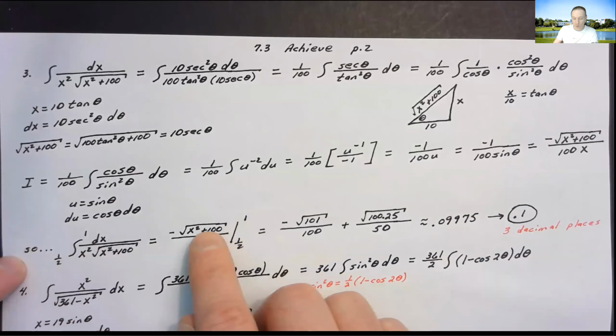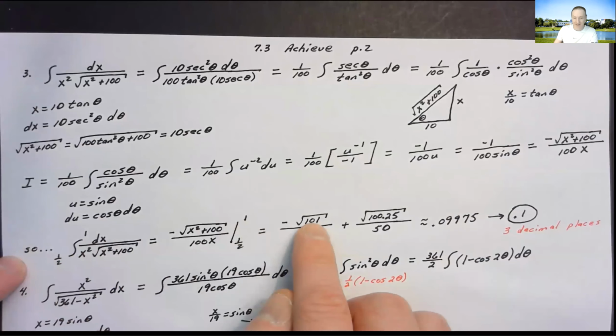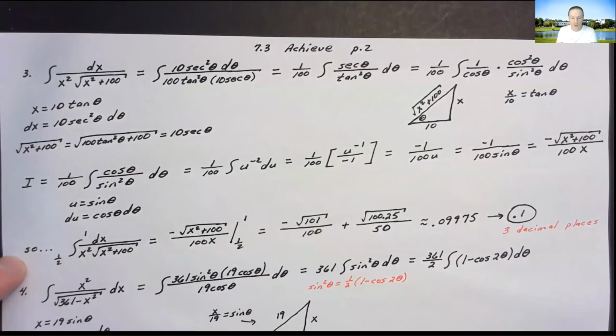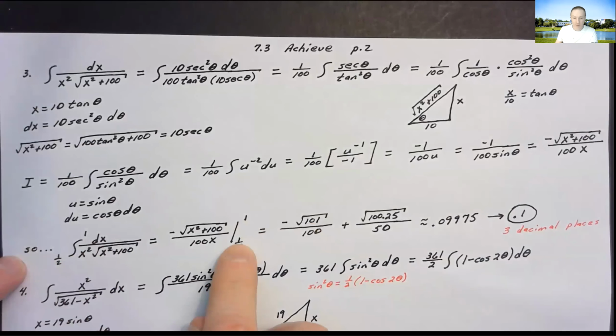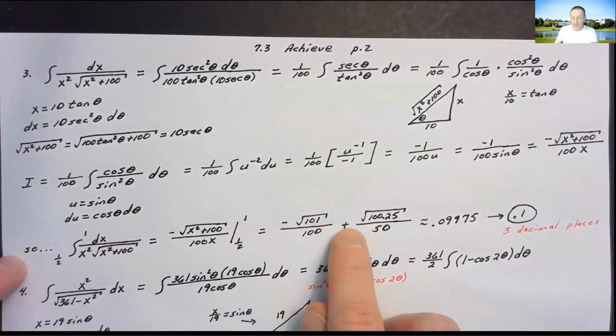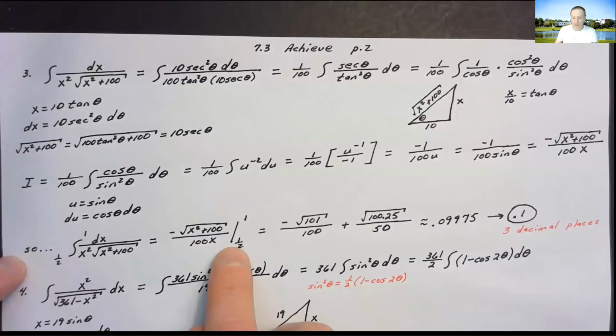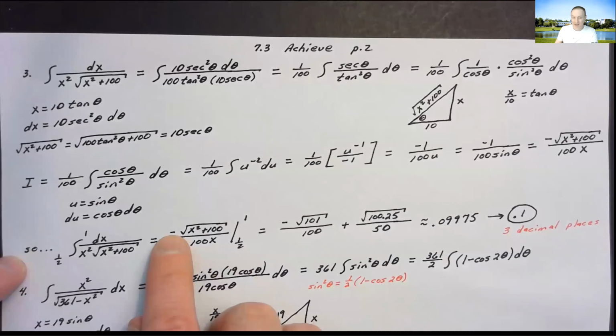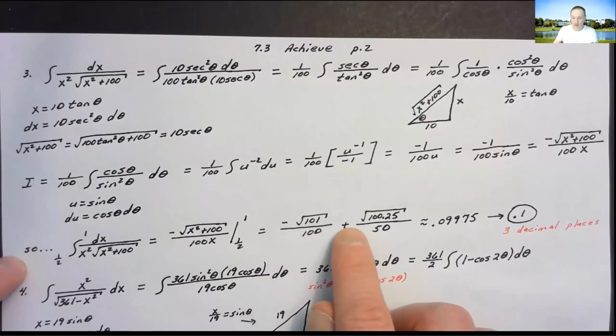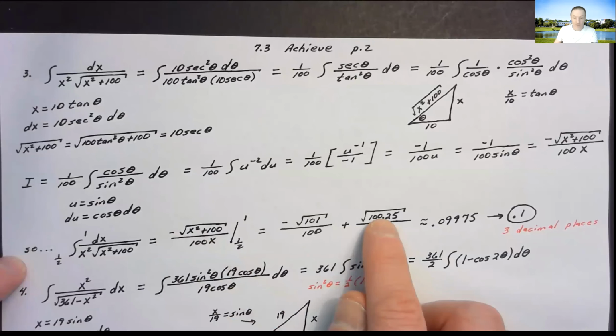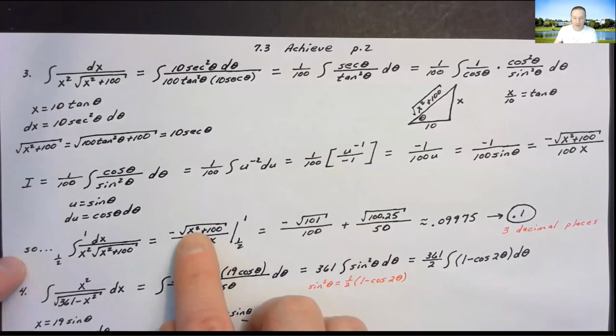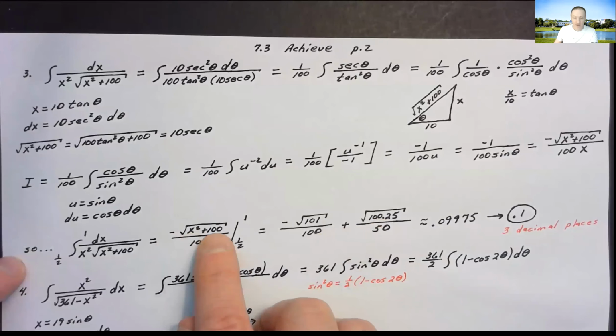When you plug the 1 into that expression, you get the negative square root of 101 over 100. When you plug the 1/2 into that expression, the positive came from, you always subtract the lower limit, but the lower limit is negative, so minus a negative is plus a positive. And I get the square root of 100.25, since 1/2 squared is 0.25, and my denominator is just 50.